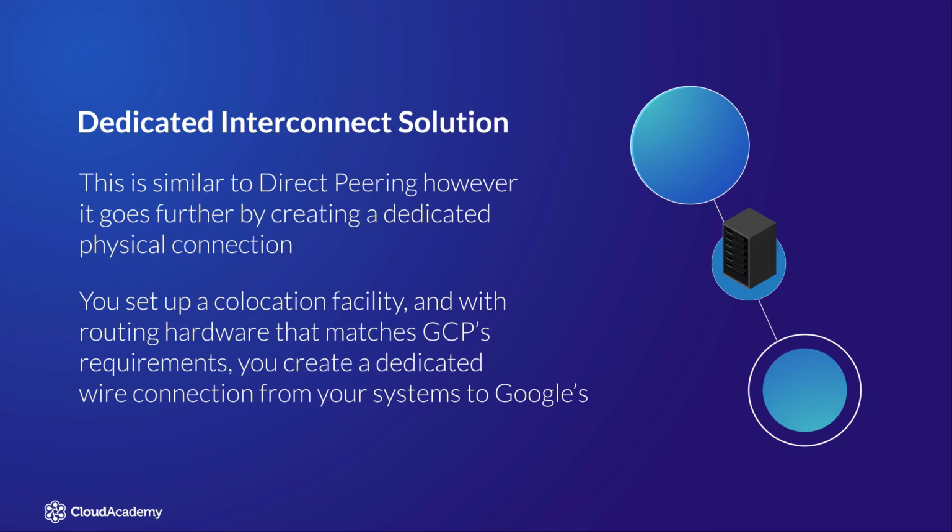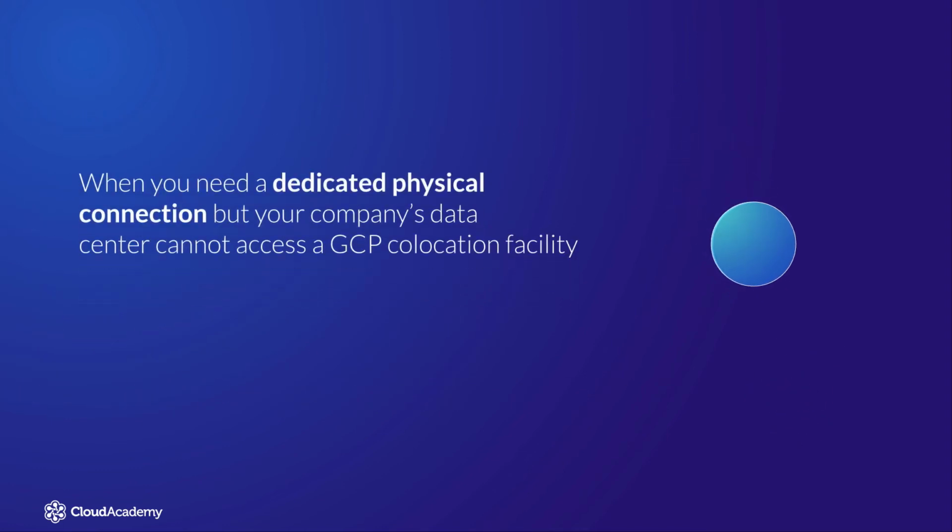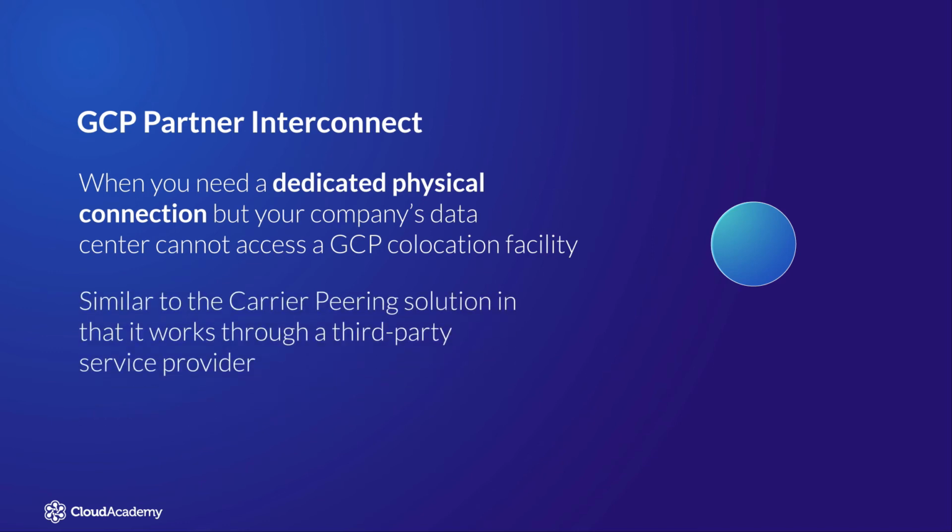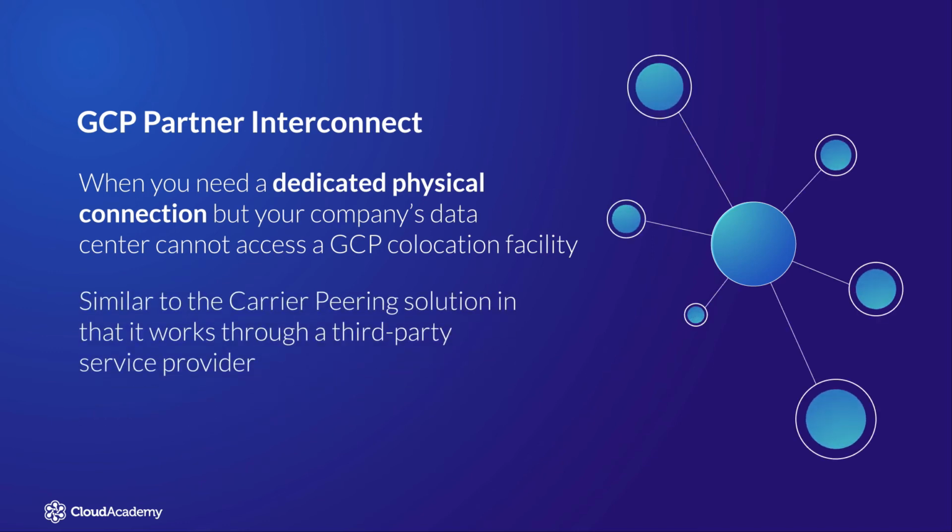Now, on top of this, there's actually another fourth option for situations where you need the dedicated physical connection, but your company's data center, for whatever reason, cannot access a GCP co-location facility. Now, this is a somewhat niche scenario. It's covered by a product called GCP Partner Interconnect, and this is, again, similar to the carrier peering solution in that it works through a third-party service provider.